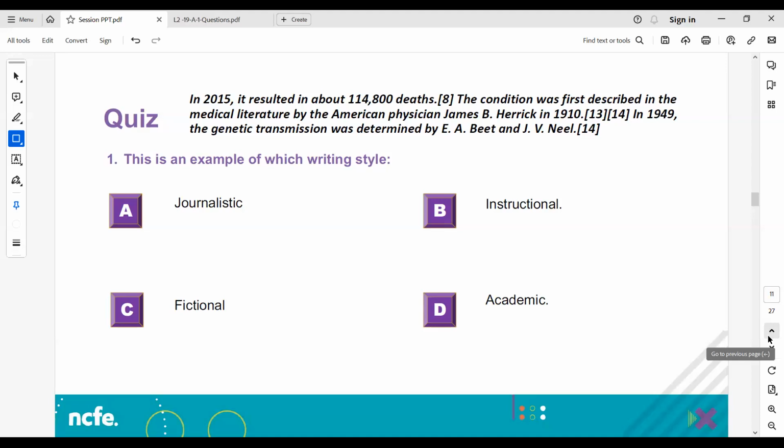What did you spot in there that helped you decide it was academic? What features? It was this about the writer. Yes, so there's information, yeah. And it's describing a medical literature that he wrote. Good.